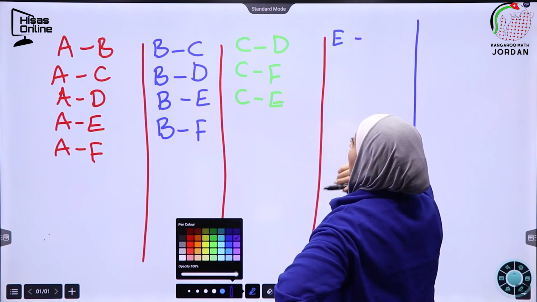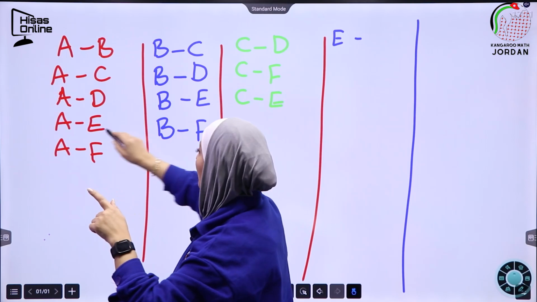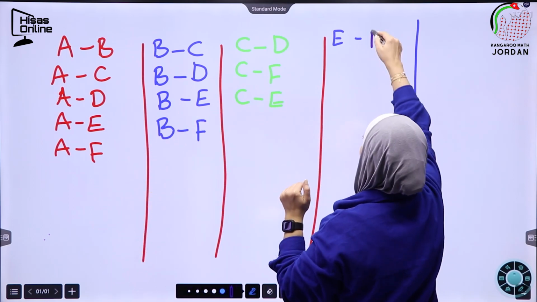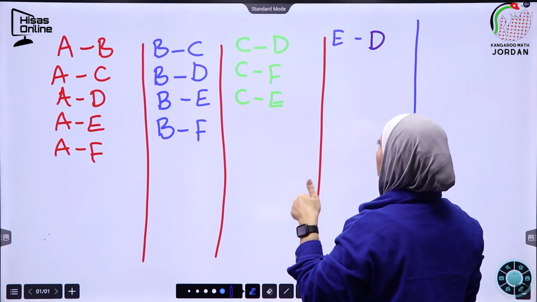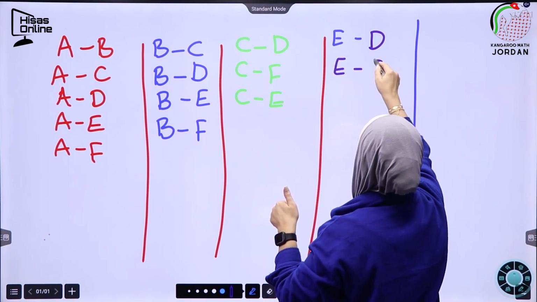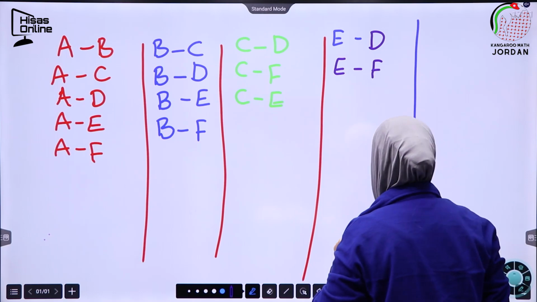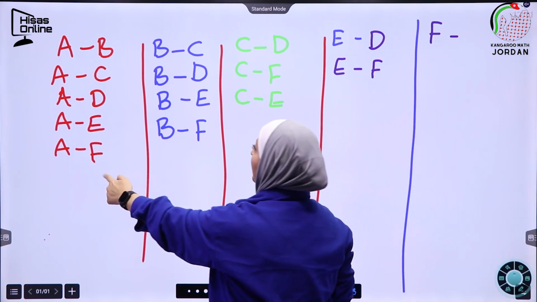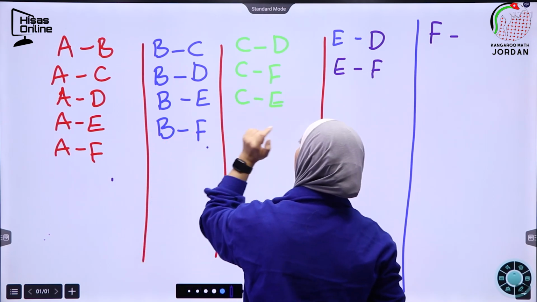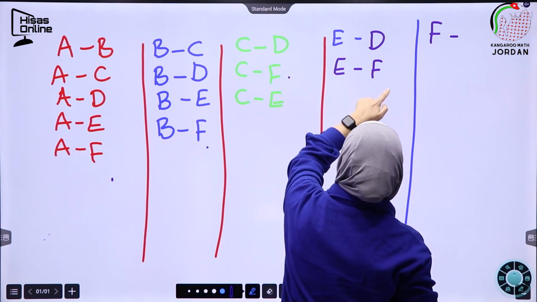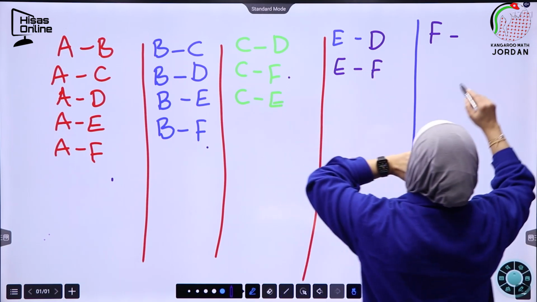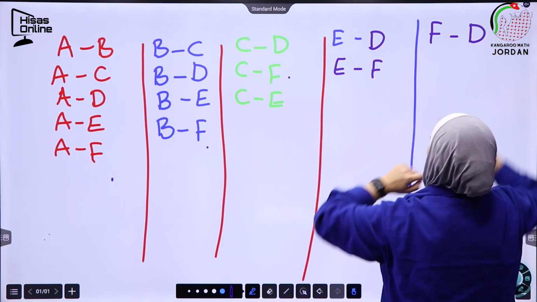Okay, E played with A, so I won't write it again, and played with B and C. So now it's going to play with D and F, right? Now F played with A and played with B, played with C, so just D left.